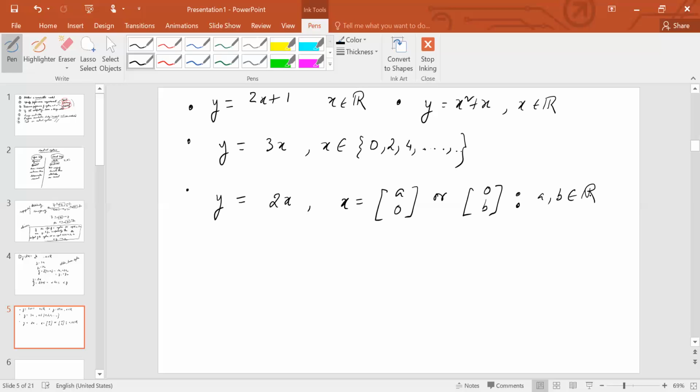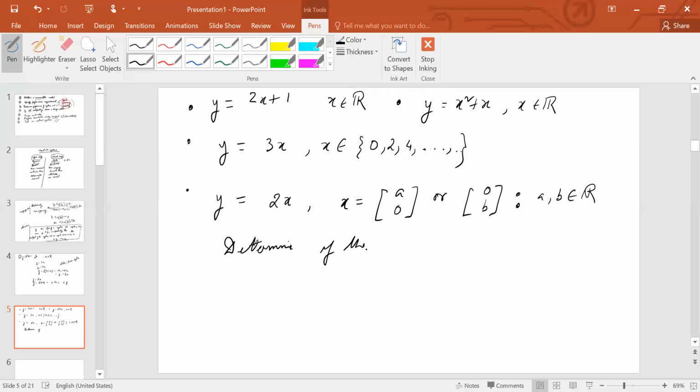So x basically belongs to R2, it's a vector in the two-dimensional space, of which either the first component of the two-tuple is a real number and the second component is 0, or the first component is 0 and the second component is any arbitrary real number. So either x is of this form or x is of the other form. When that is the set of choice for x, then does the mapping y is equal to 2x represent a linear system?